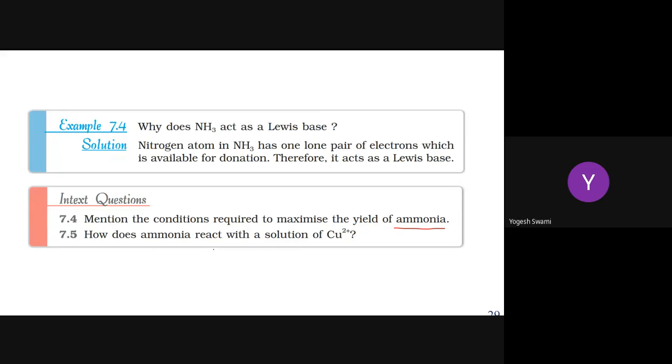How does ammonia react with a solution of Cu2+ ion? Cu2+ ion reacts with ammonia and converts into tetraamine copper(II) ion, which is deep blue in color. Whenever Cu2+ ion reacts with ammonia, it converts into an ink-like solution, a blue ink-like solution.